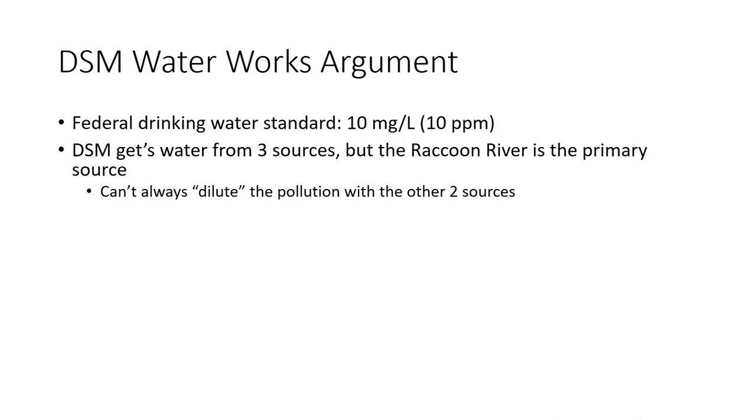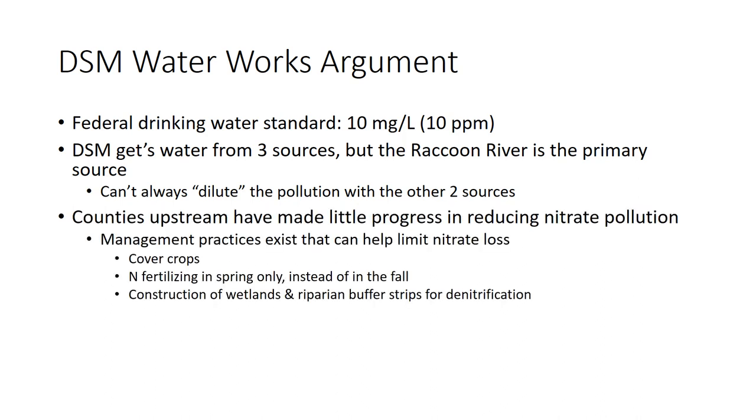So they also pull water from the Des Moines River, and they also pull water from groundwater. And when they can, they try to dilute the Raccoon River water with the other two sources to bring the concentration of nitrate in the water down to 10 parts per million. But when they can't, they have to send it through the resin machine, or the resin exchange system, and that costs $1 million a day to operate.